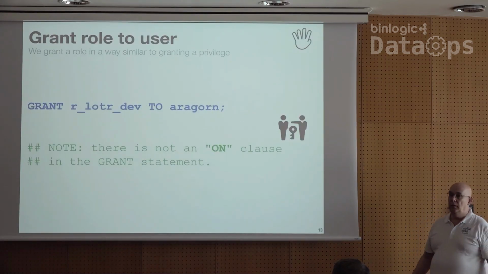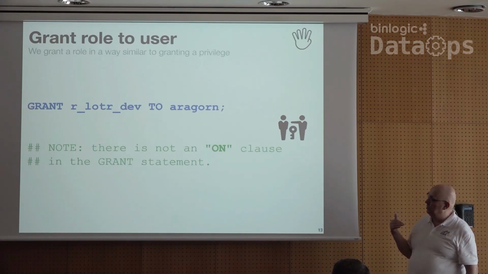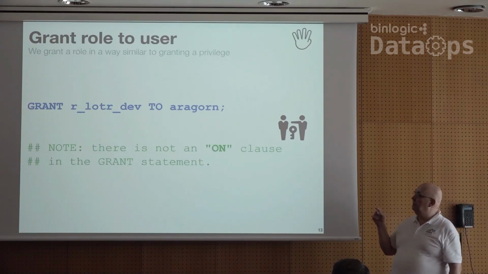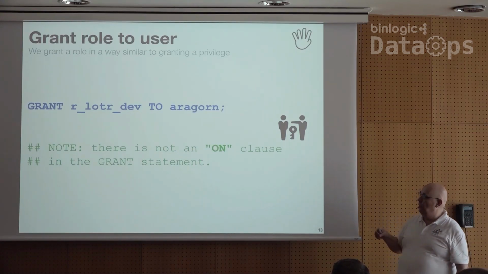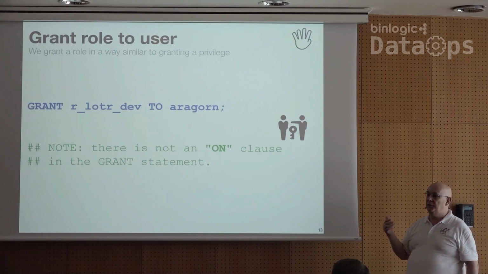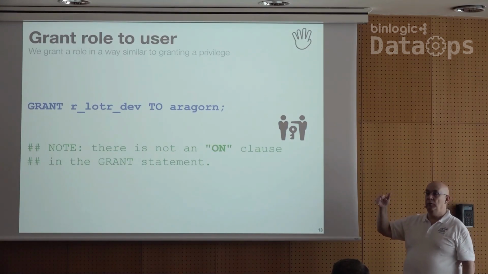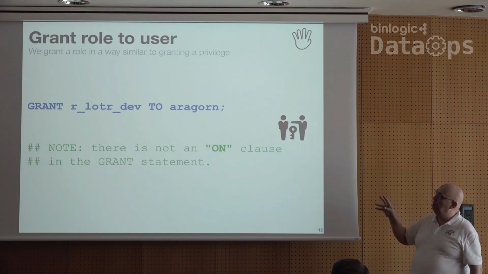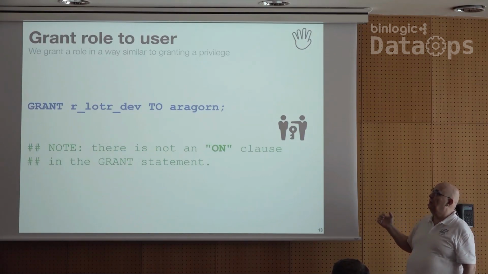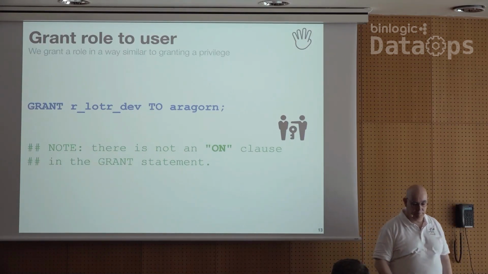And you grant the role to the user. Notice that there is not an on clause when you are granting. When you are granting a privilege, you say grant select on, for example, database test.star. Here you don't need on because the role has already its own scope.